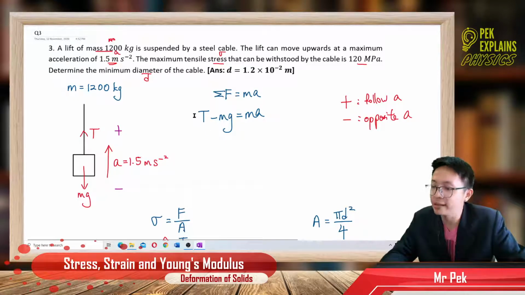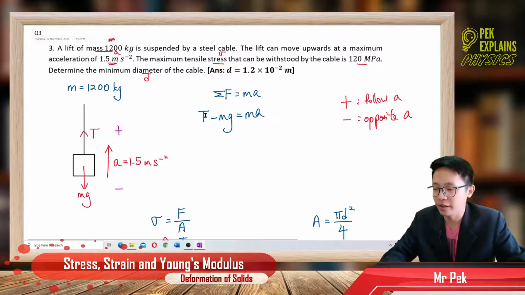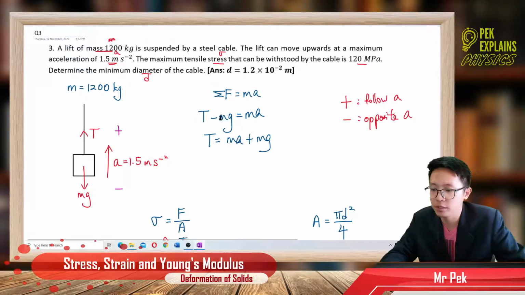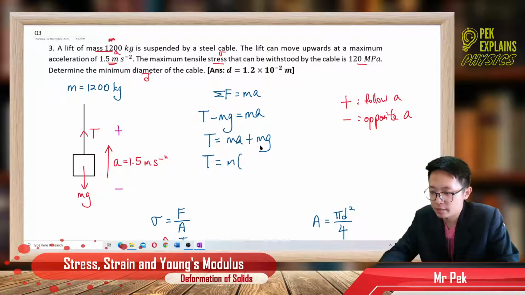So from here, I need to find the tension. Normally we always find the tension. Tension is equal to mg go to the other side, so mg becomes positive. And mass can be factored out.